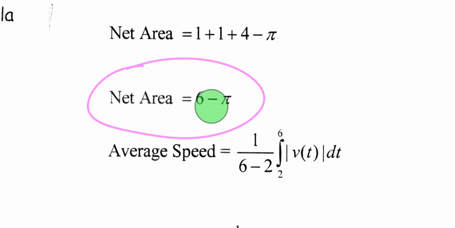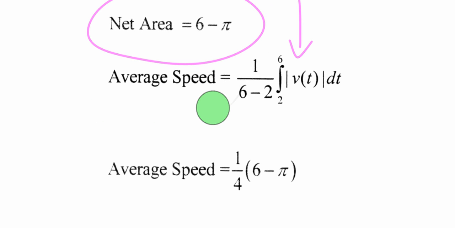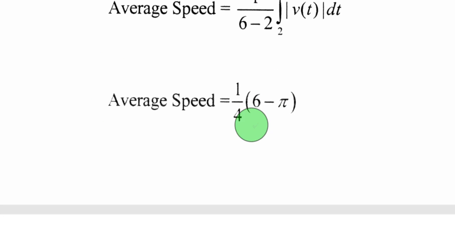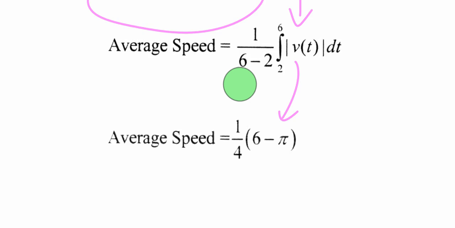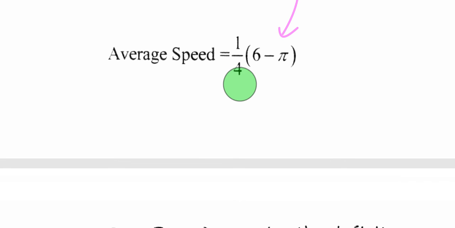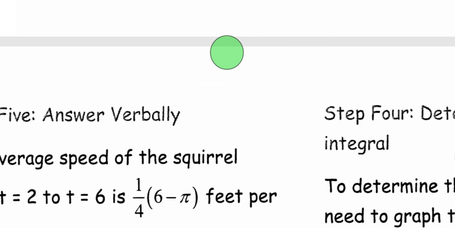Okay, so the average speed is basically this integral right here that we just figured out using geometry, which is 6 minus pi. We're going to multiply that by 1 over b minus a, or 1 over 4. So 1 over 4 times 6 minus pi is going to give us our average speed. And I'm going to answer verbally.